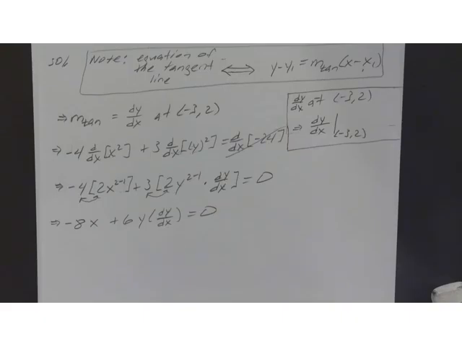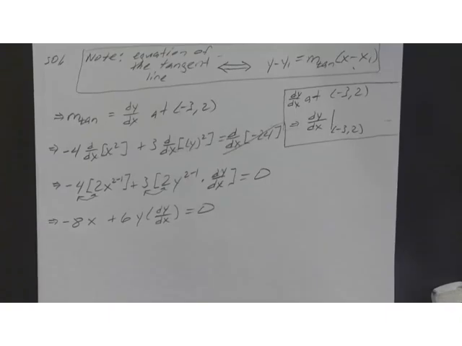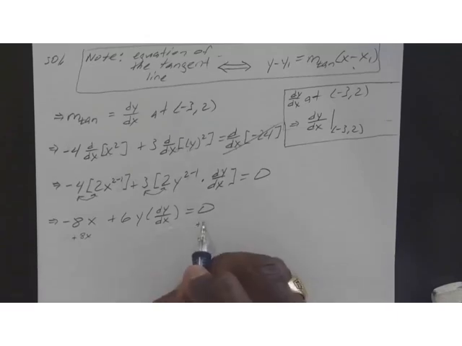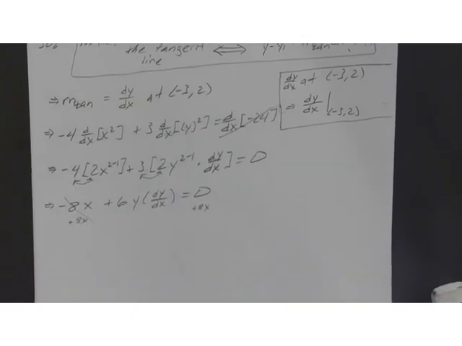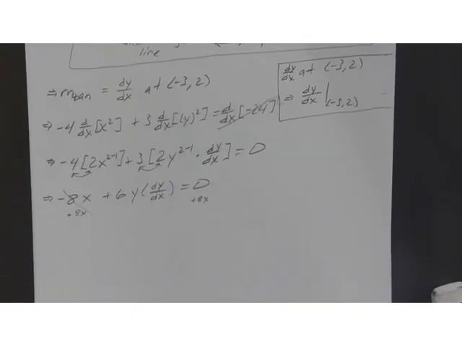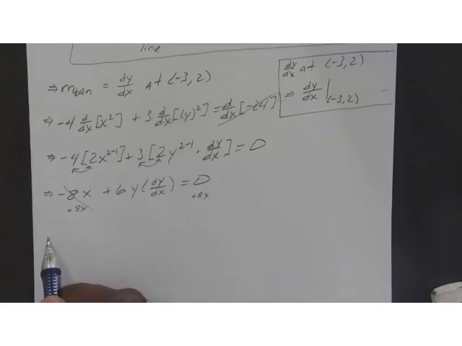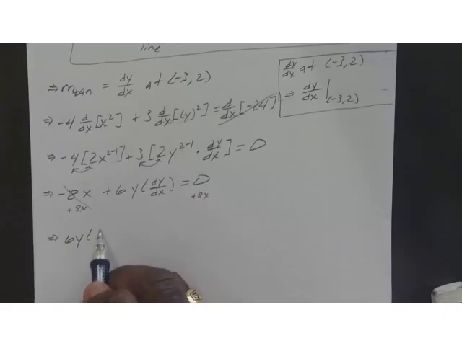Okay, so remember, now we have to isolate our dy dx term. So we have -8x, so we have to add 8x to both sides, where those two cancel each other out. So that gives us 6y times dy dx is equal to 8x.